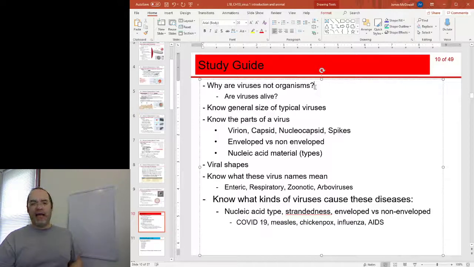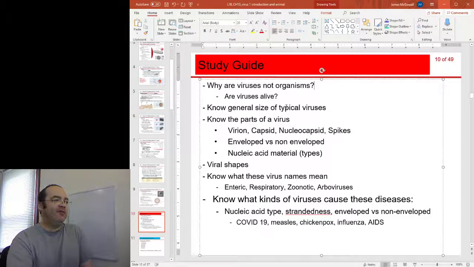They also don't have a cellular structure. So even though some of the enveloped viruses do have a lipid bilayer envelope, it's not quite the same as a true cytoplasmic membrane. A viral envelope is not the same thing as a plasma membrane around a cell. And then many of our naked viruses don't have any kind of membrane.